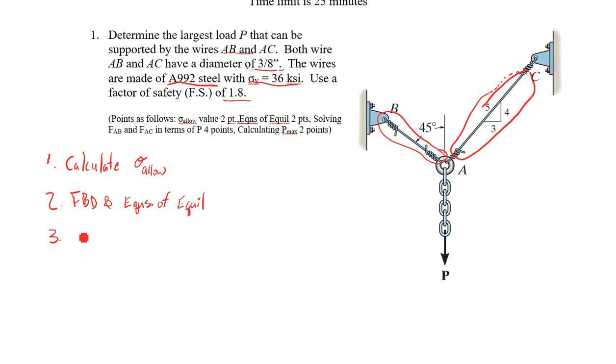Step 3, we'll solve for tension AB and tension AC in terms of P. And then finally, solve for P using our allowable stress. Alright, so that's our approach.